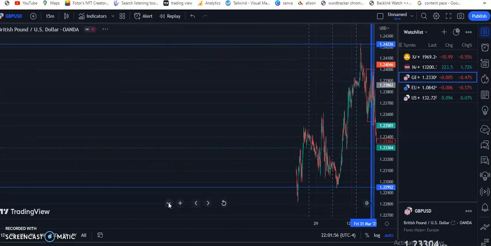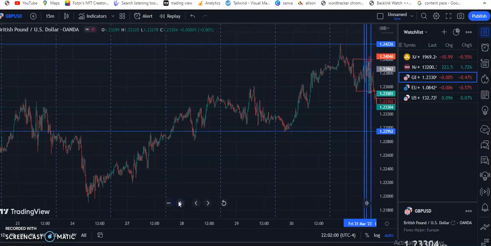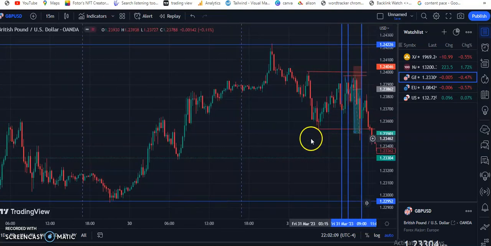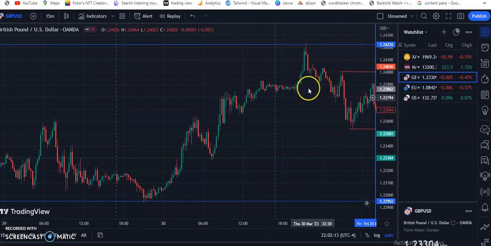So, first things first, as you can see, we have our previous day's high and low, number one. And then, before the market window even opens, this is the setup that we have.